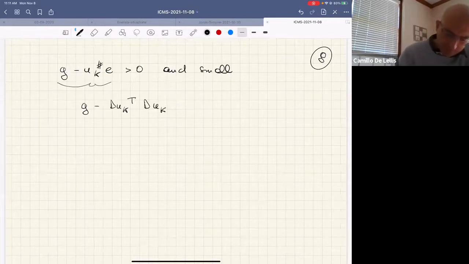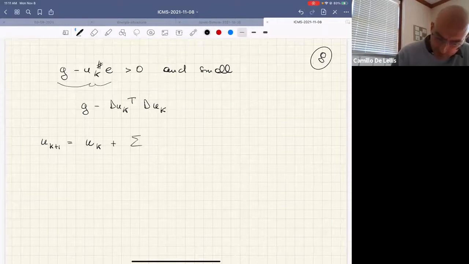Okay, and let me try to play the following game. Let me plug in an ansatz, very similar to what we did before. Let me write it as uk plus 1 equals uk plus a sum, and let me think that I have many directions at my disposal in which I want to oscillate.